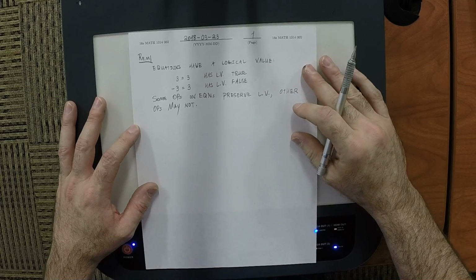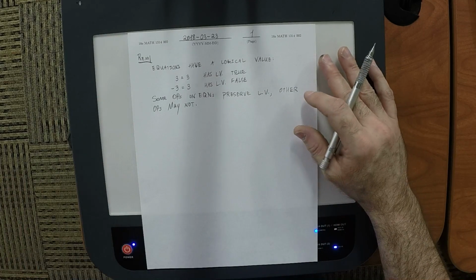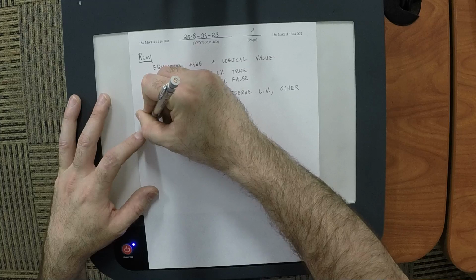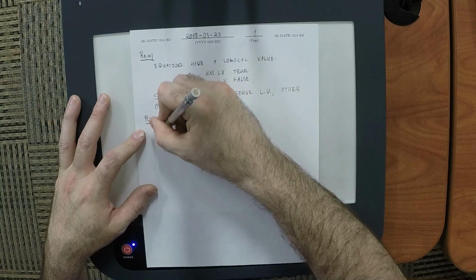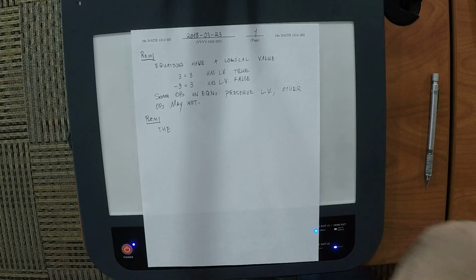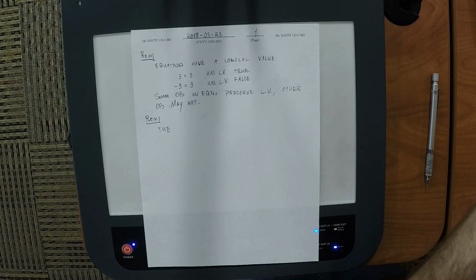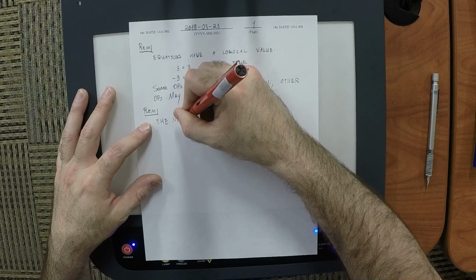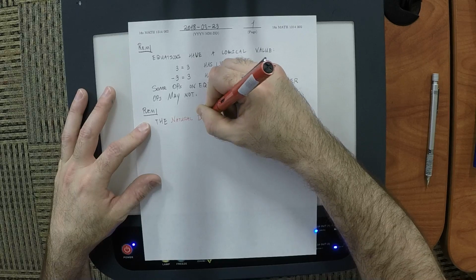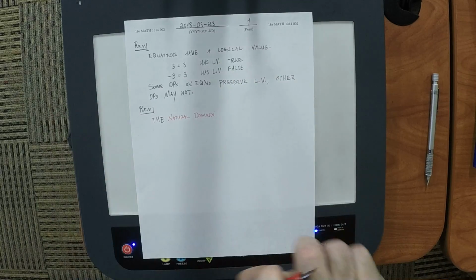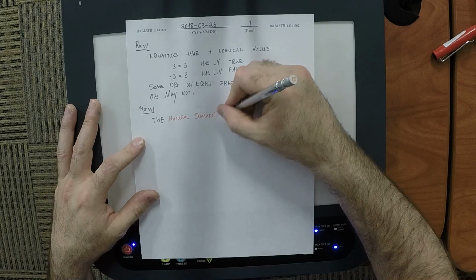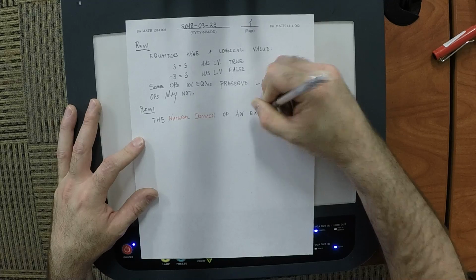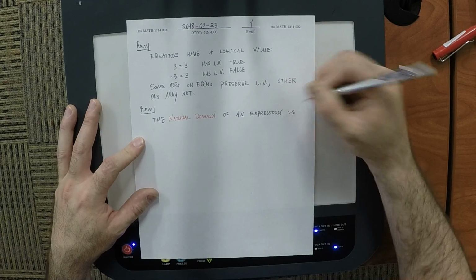Okay, so now before we get to the meat of today, I want to remind you of a topic that we talked about like a month ago and hasn't really come up much since then. That is natural domain. Oh, good old natural domain. So the natural domain of an expression is what?